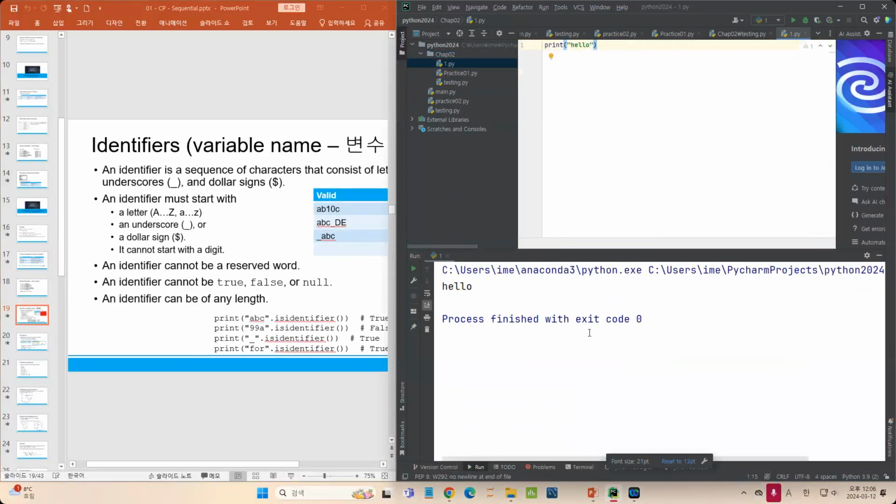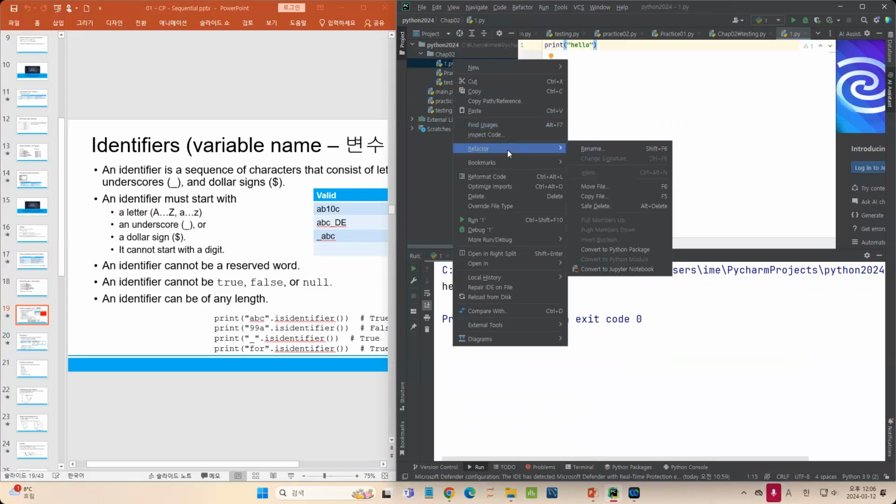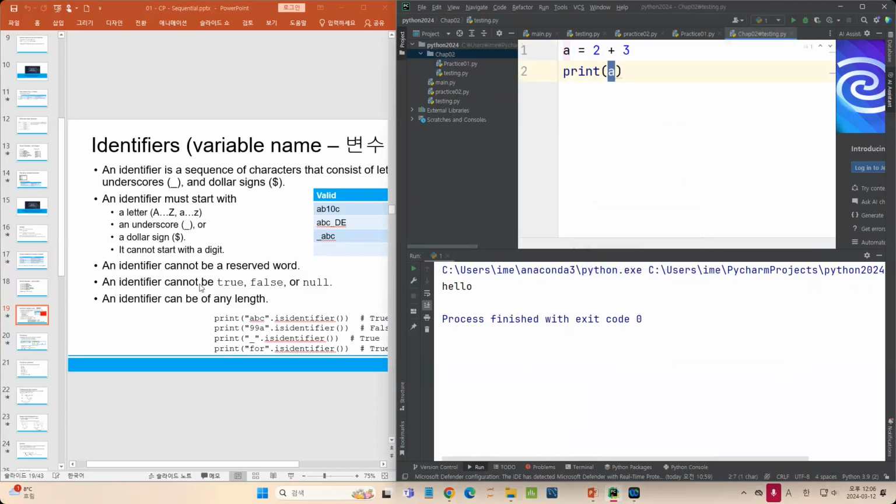Maybe this one is okay, but later there will be problems. Okay, so please do not use numbers for your Python file name. Okay, let me delete this one.